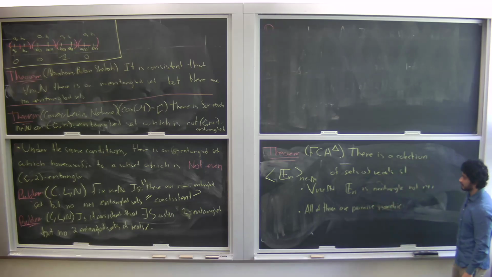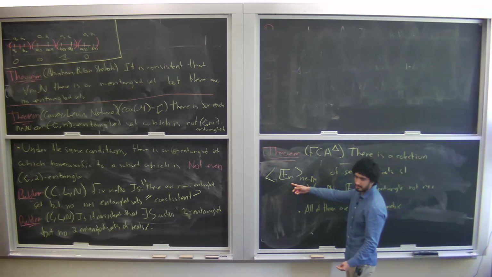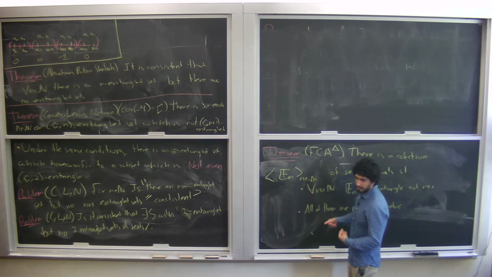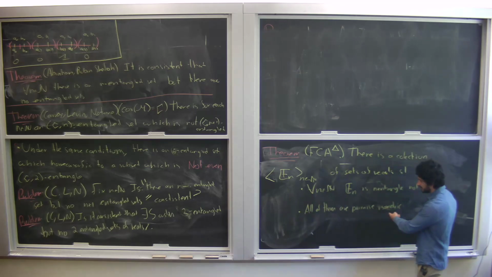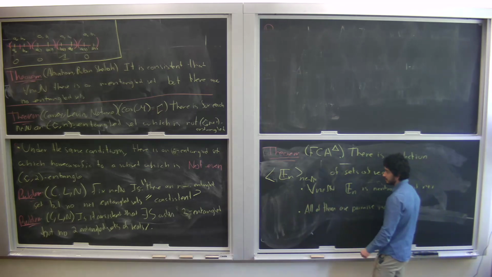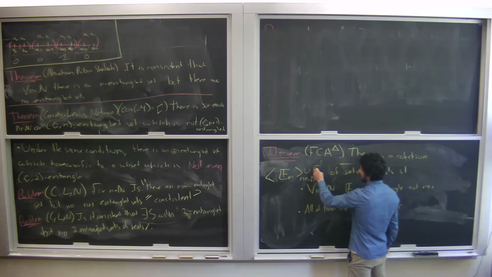Here I'm talking, of course, not about entangled sets constructed actually over the real numbers, but over the Cantor space with the usual metric, right? So this is not a theorem strictly about the reals, but about the Cantor space. If you talk about the reals, you should put just here pairwise homeomorphic. And there's one extra entangled set here, which is fully entangled.